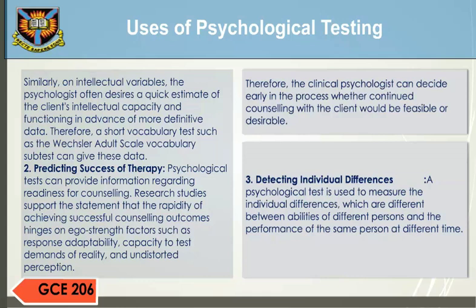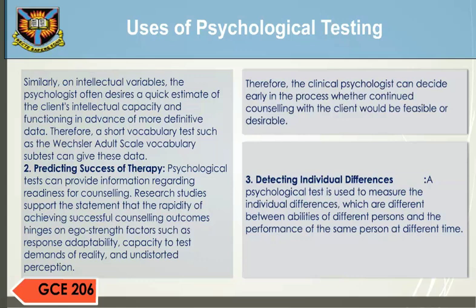Research studies support the statement that the rapidity of achieving successful counseling outcomes hinges on ego strength factors such as response adaptability, capacity to test demands of reality, and undistorted perception. Therefore, the clinical psychologist can decide early in the process whether continued counseling with a client will be feasible or desirable.